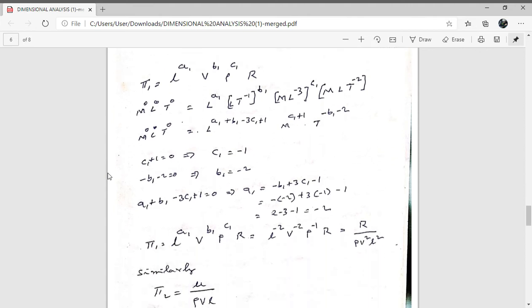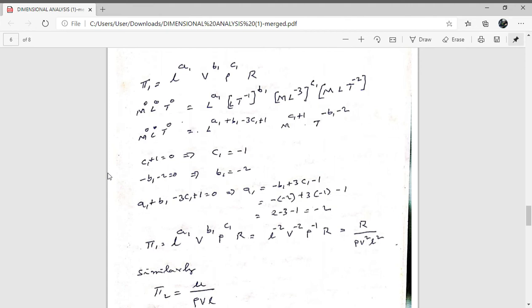If we solve these three equations, we will get a1, b1 and c1. If we substitute in pi 1 equal to L to the power of a1, v to the power of b1 and rho to the power of c1 into r, we get L to the power of minus 2, v to the power of minus 2, rho to the power of minus 1 into r, that means r divided by rho v square L square. So this is pi 1.